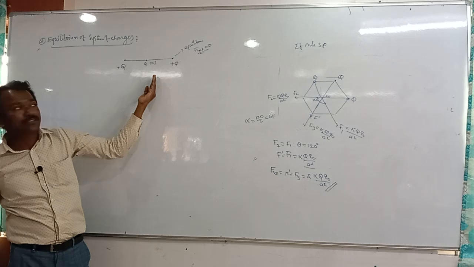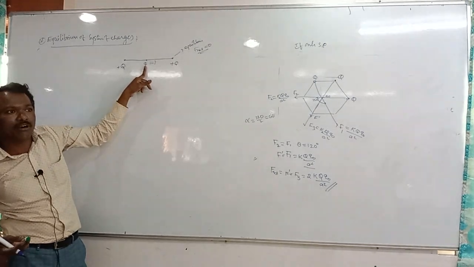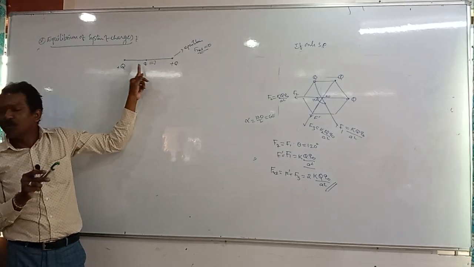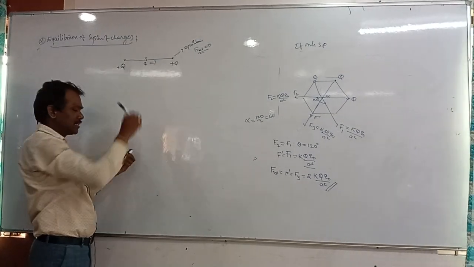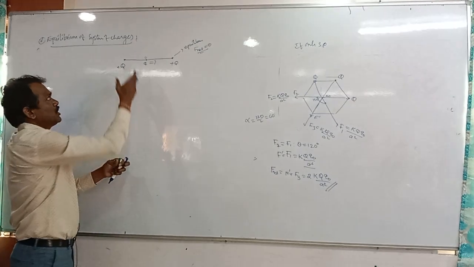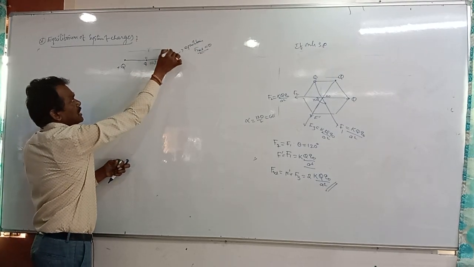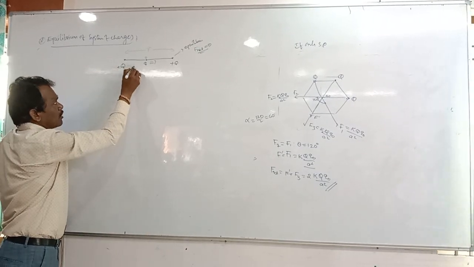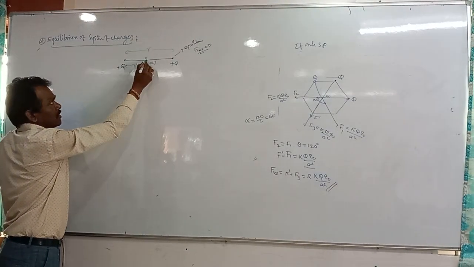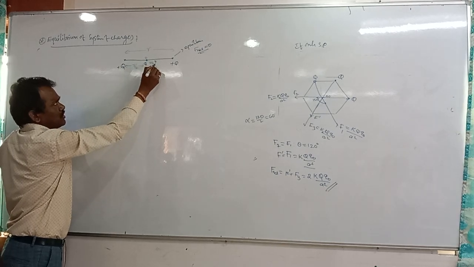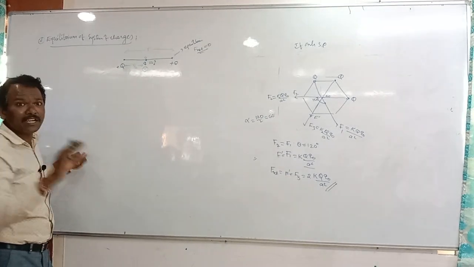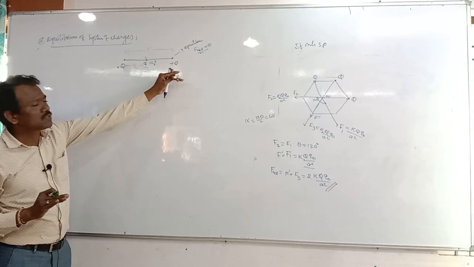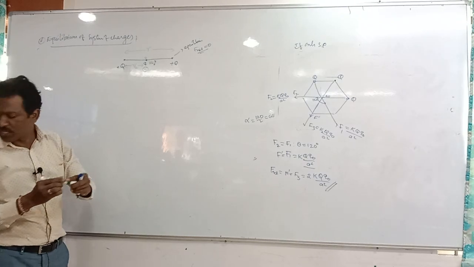To get that force, what is the value of charge needed at O or at the midpoint? Let us see, these two charges are separated by r distance. At r by 2 distance we take a Q charge, and this should be negative, then only will we get the attraction force. So let us see what forces are there.